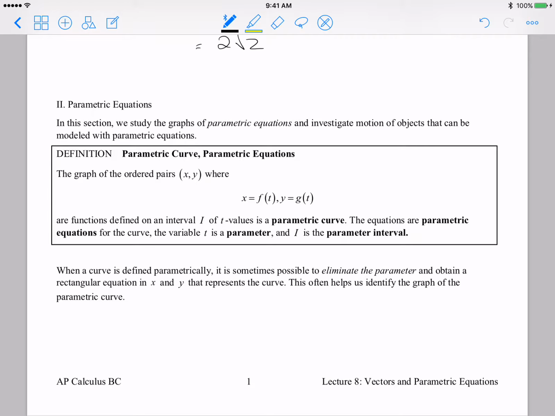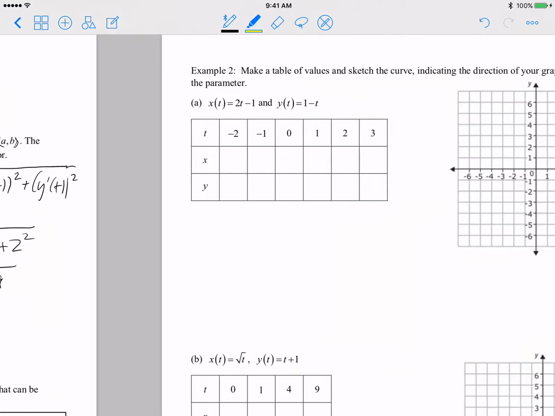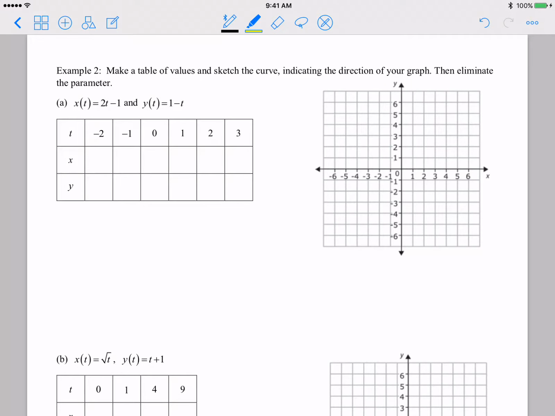If you wanted to figure out which ordered pair you were at at any particular time, then you would just plug that time into the two parametric equations, both of which are functions of t, and that would tell you where you were at that particular time t. If that doesn't make a ton of sense to you right now, then maybe when we work the examples, it'll start to become more clear.